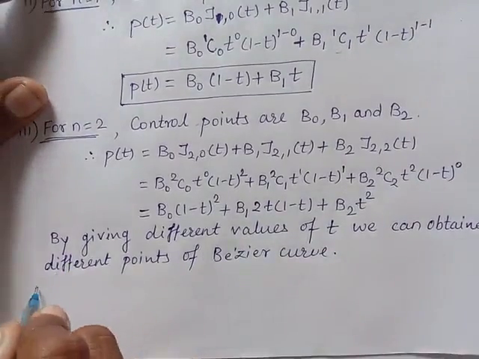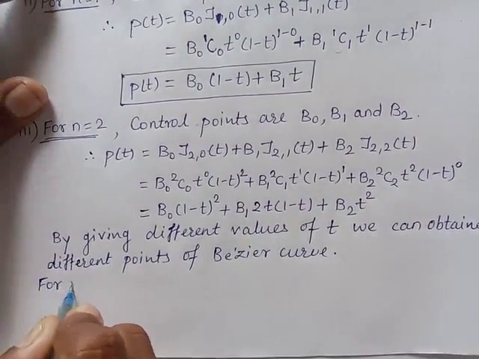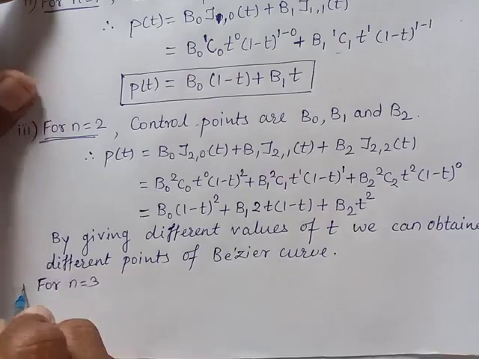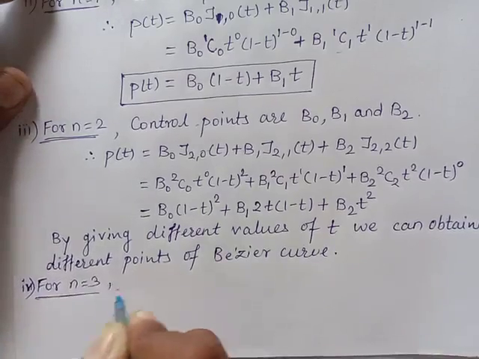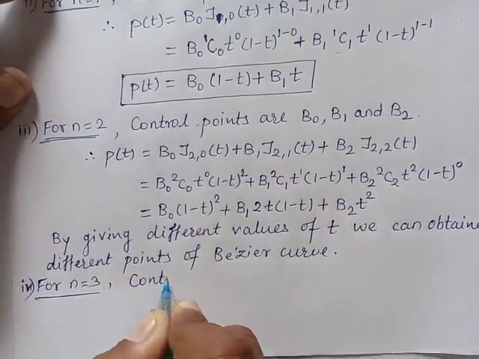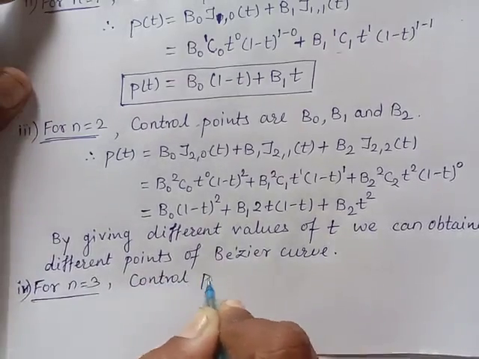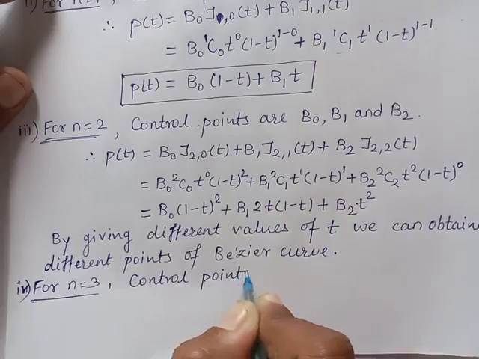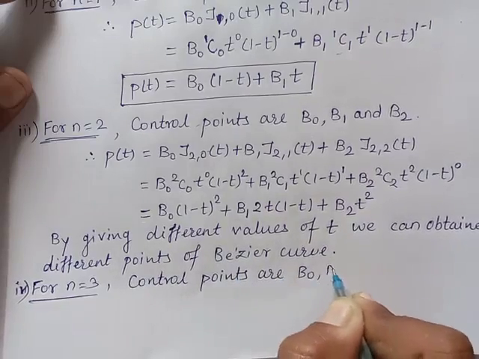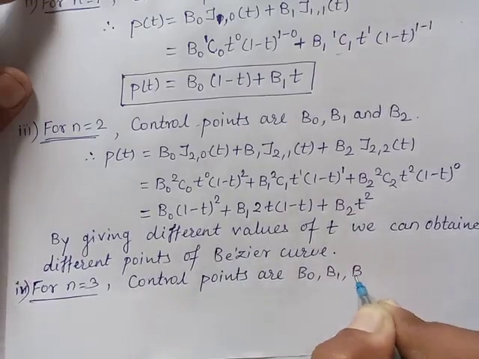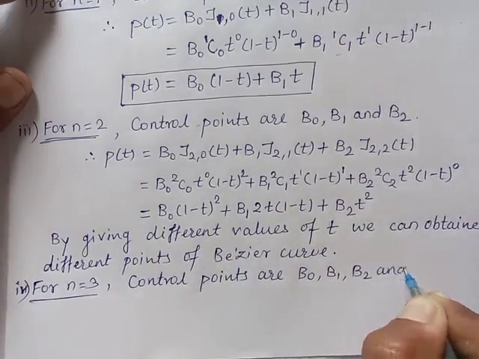Now for n equal to 3, fourth case, for n equal to 3, how many control points are there? 4 control points. Control points are b0, b1, b2 and b3.